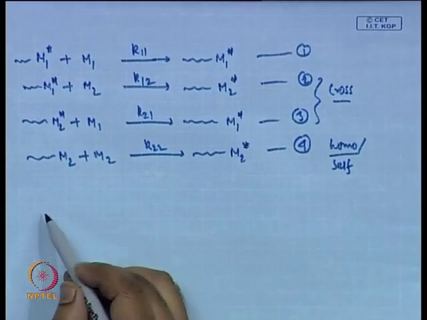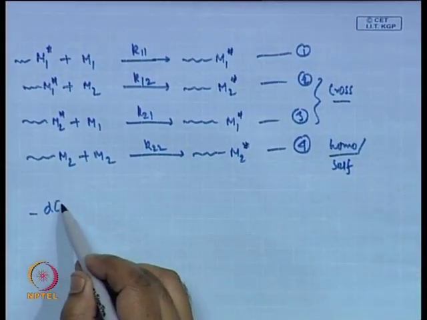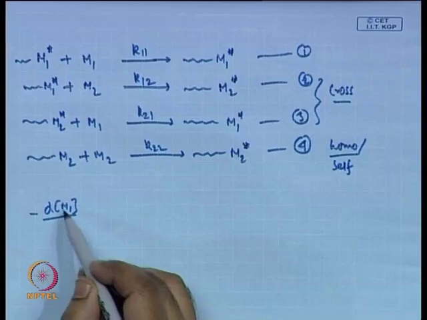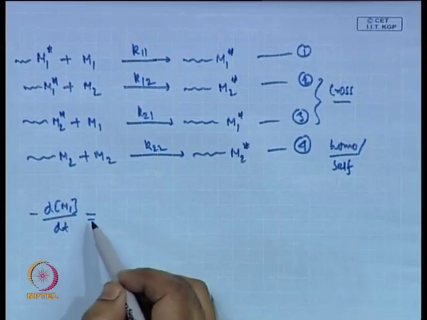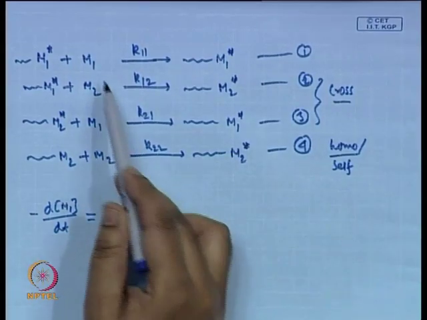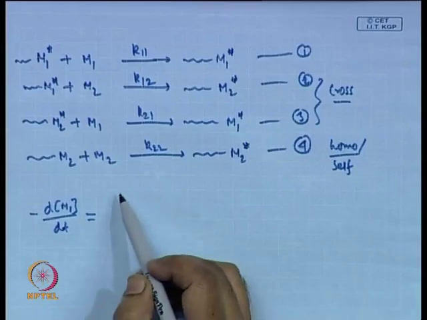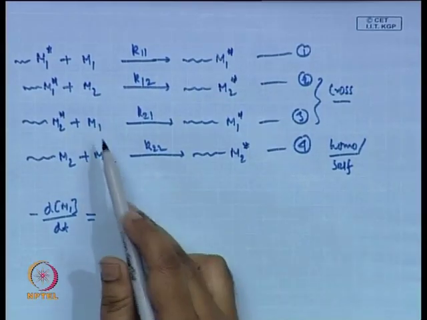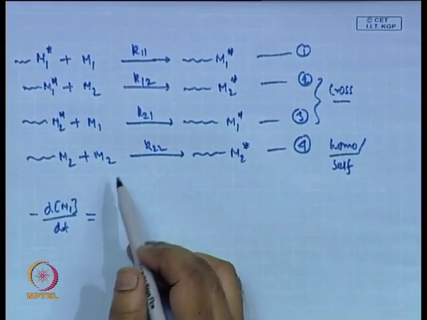Now, what is the rate of reaction or rate at which M1 is getting incorporated in the copolymer chain? Steps 1 and 3 are where M1 is getting consumed and incorporated in the chain.